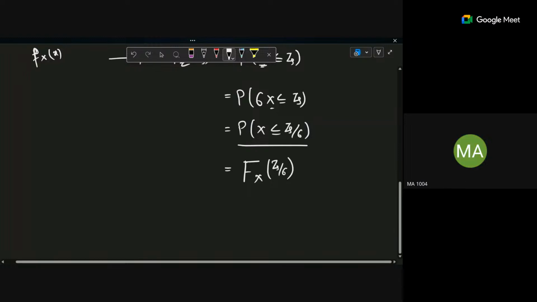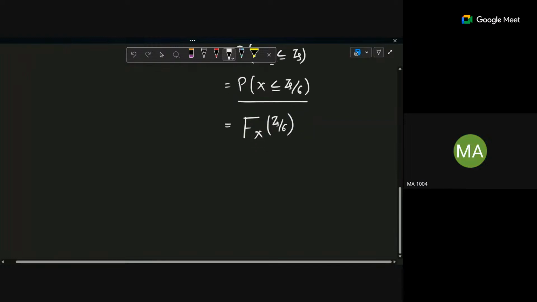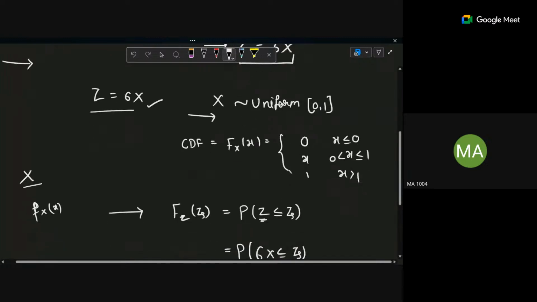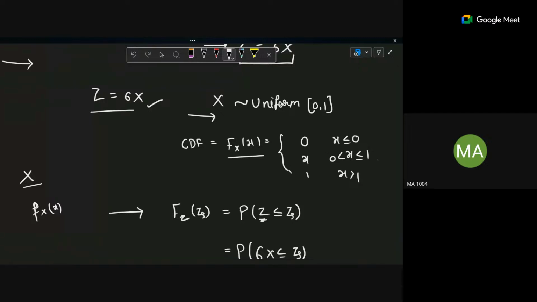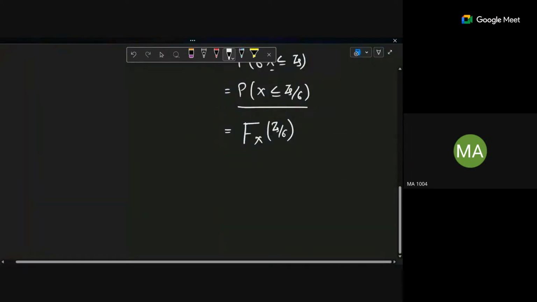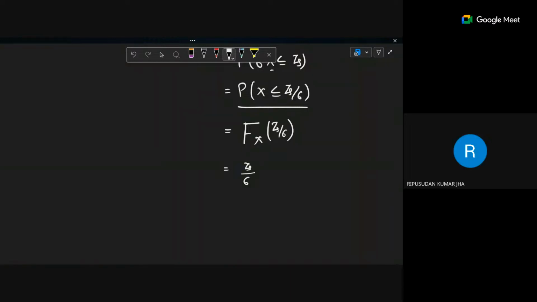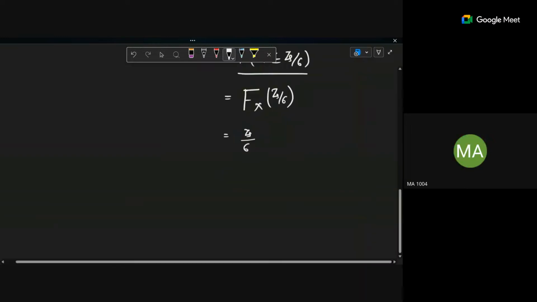So just check with this function. We have written the CDF of x: whenever x lies between 0 and 1, the CDF is x. So what will it be here? It is z by 6.